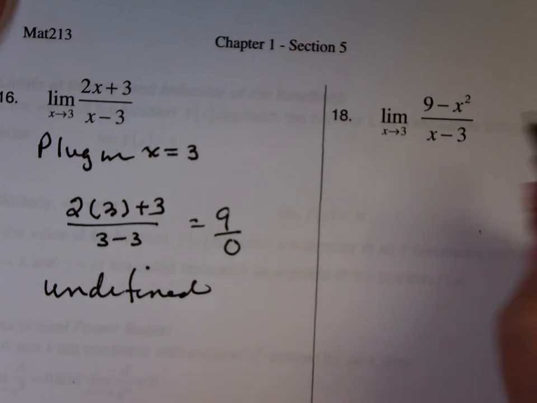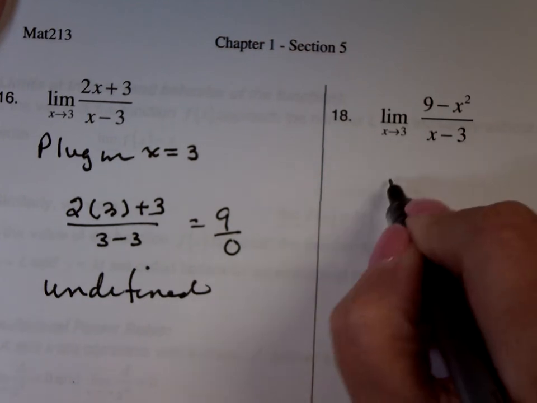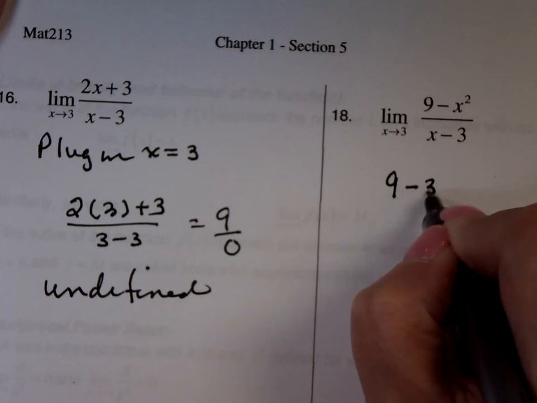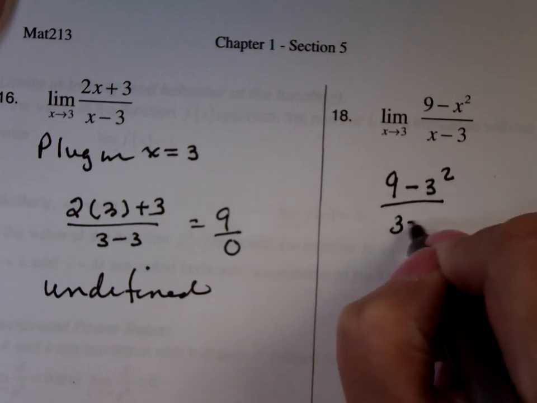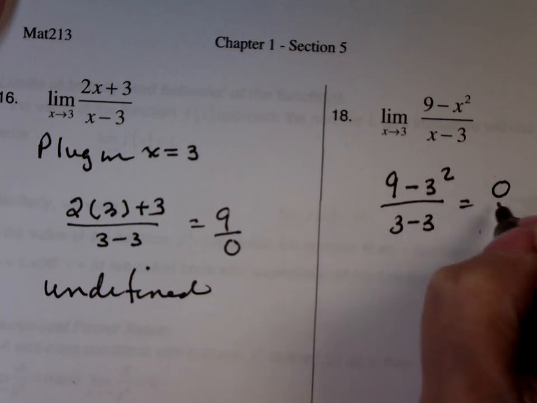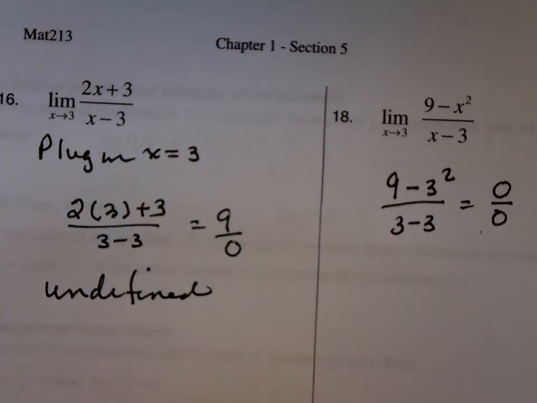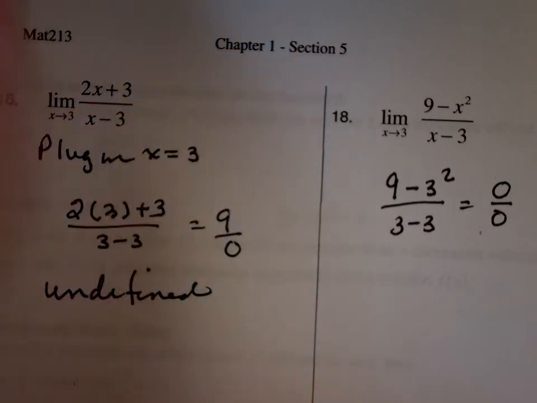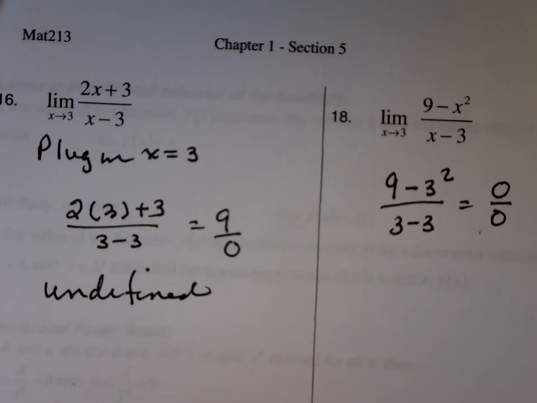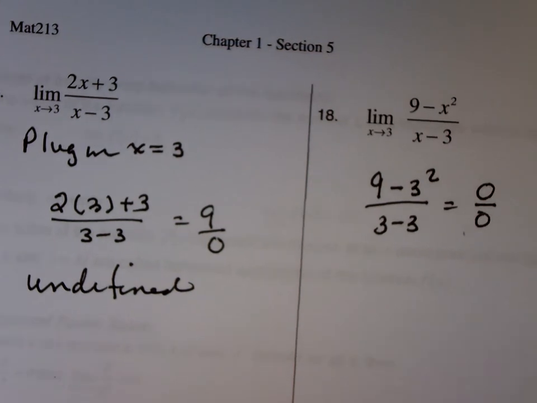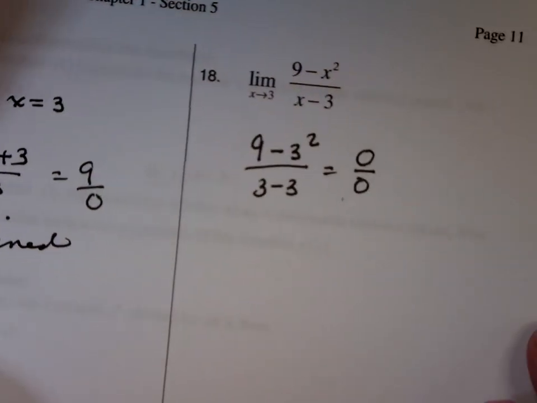Now, here's another one. Plug it in. So I'm going to get 9 minus 3 squared over 3 minus 3. Now I have 0 over 0. Uh-oh. What do I need to do? 0 over 0 says?